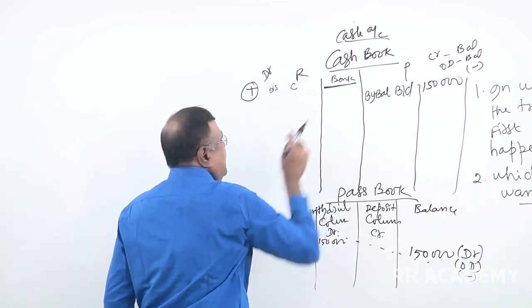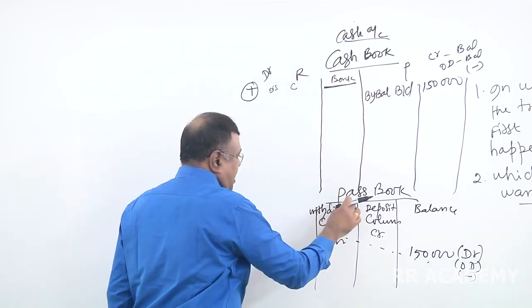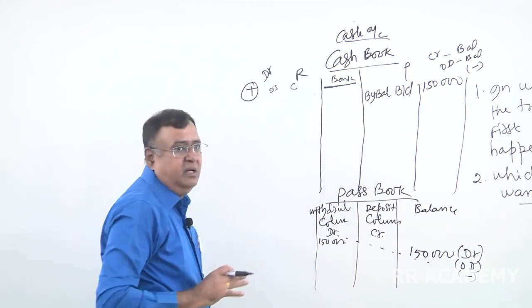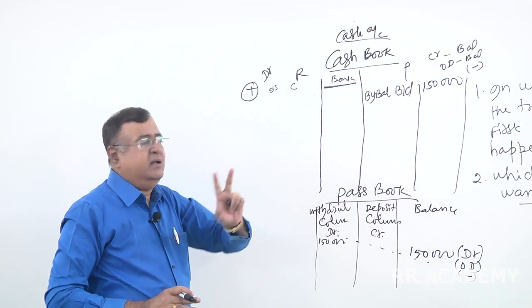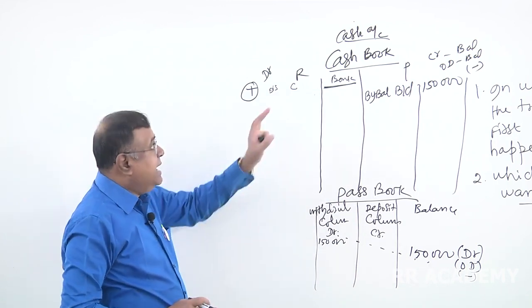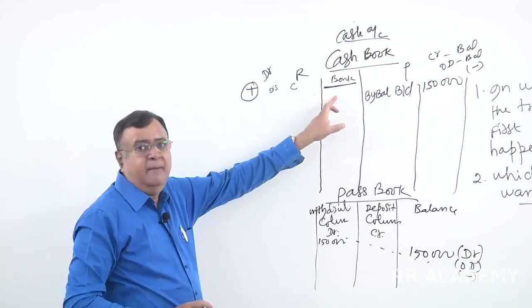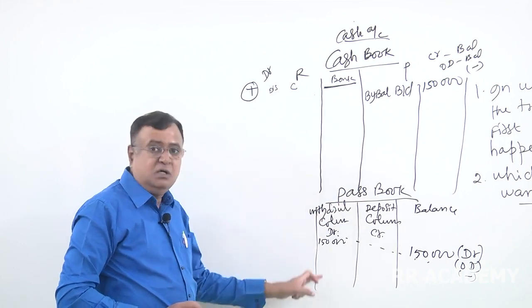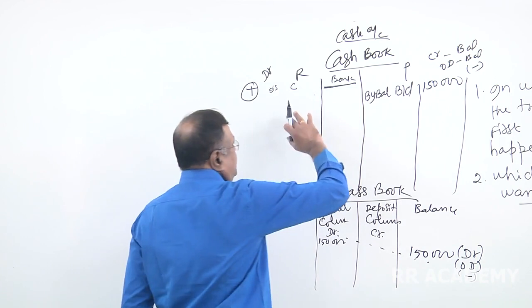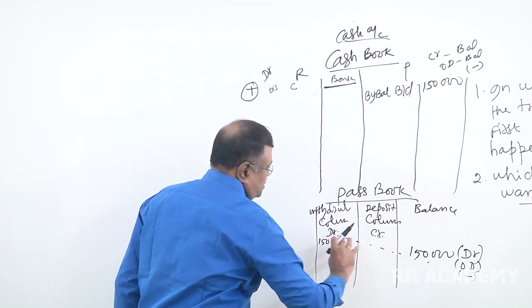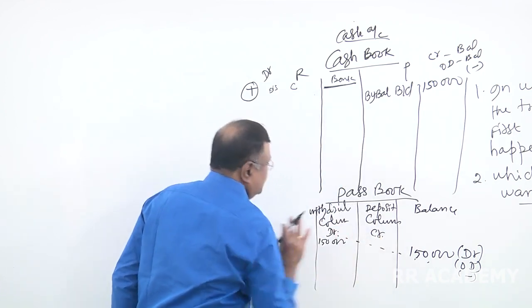Cash book bank column and passbook are the same. Cash book cash column we are not reconciling. That is different. Cash book bank column and passbook columns we are going to reconcile because receipts and payments. Here also receipts and payments.